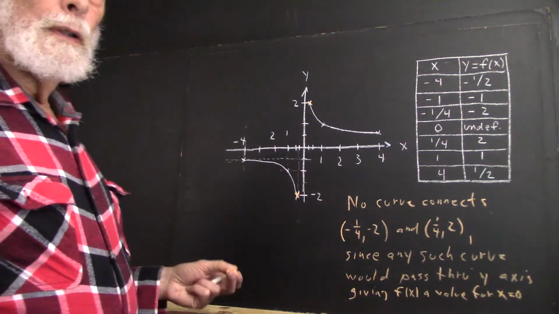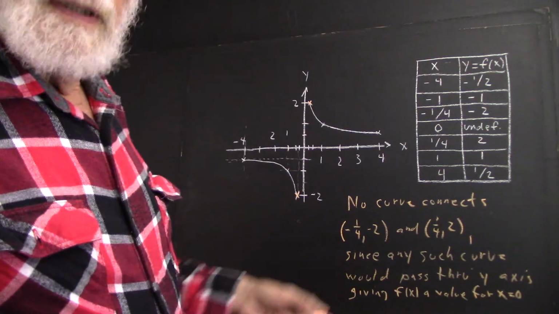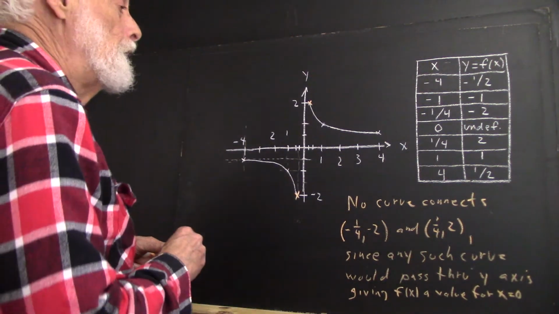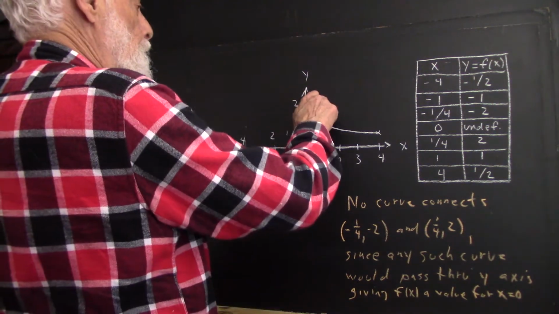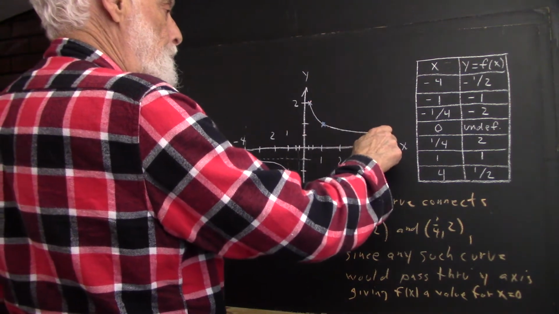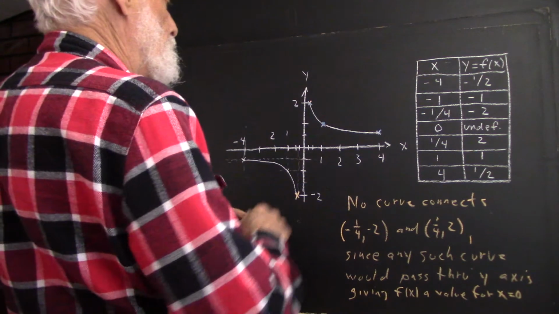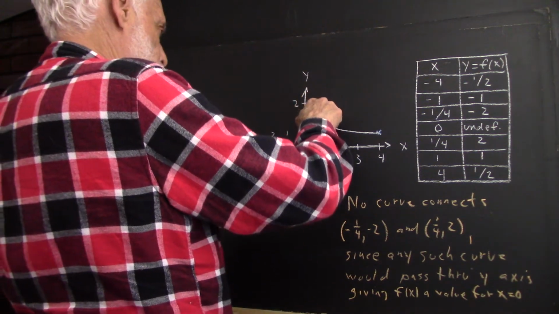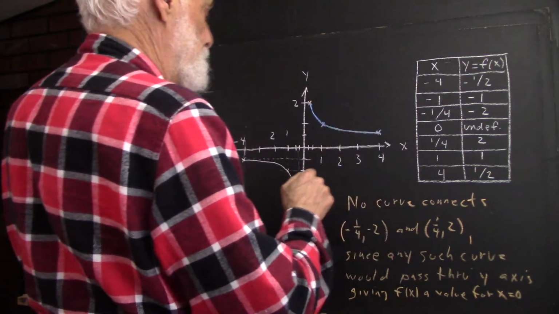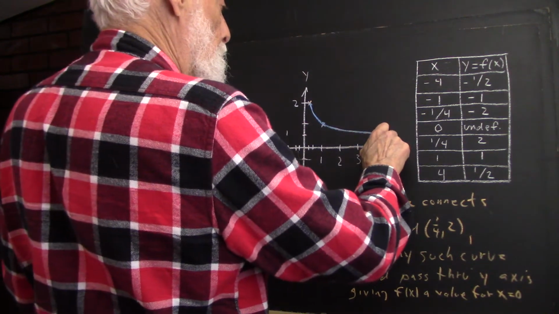So the best we can do with the given information without extrapolating to something we don't know or can't be sure of is we can be sure that we go through these 3 points. If we know that we have a smooth curve, then we can make a pretty good guess what the function does here. From this point to this point, no further.